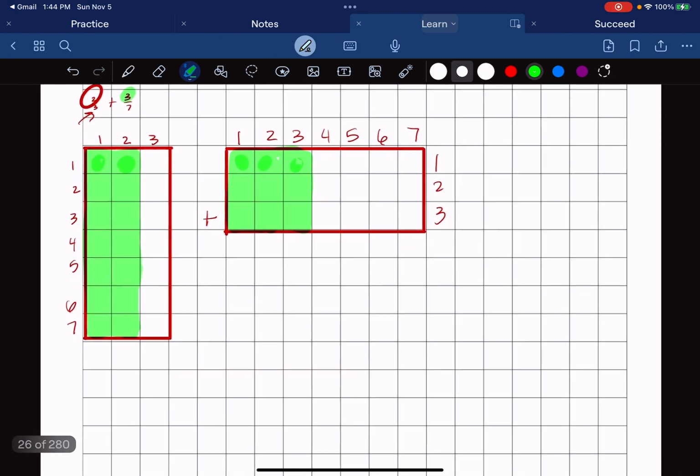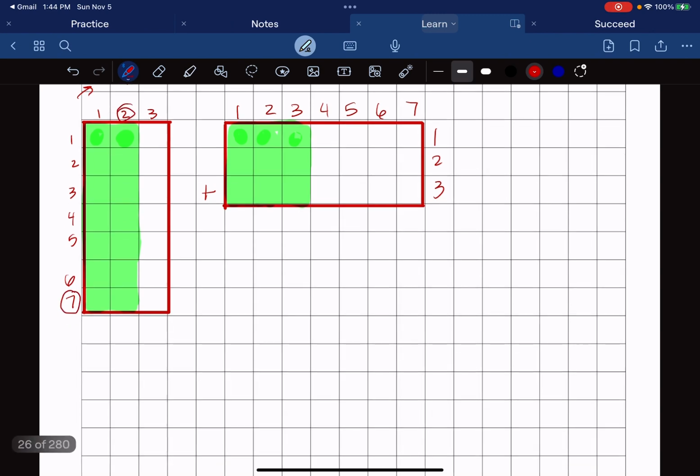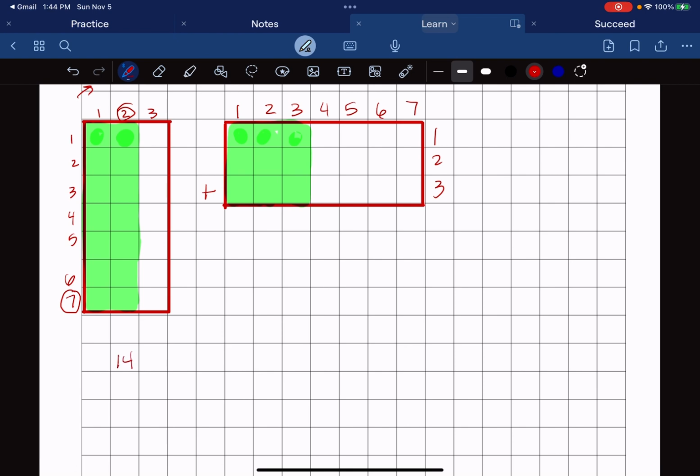So now let's see what our equivalent fractions are. I can also look at this and say 7 times 2 is 14. 7 times 3 is 21, so 14 over 21. Now 3 times 3 is 9, but 3 times 7 is 21.